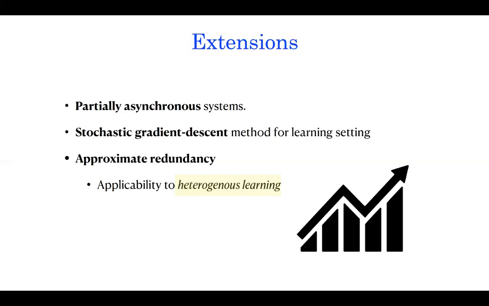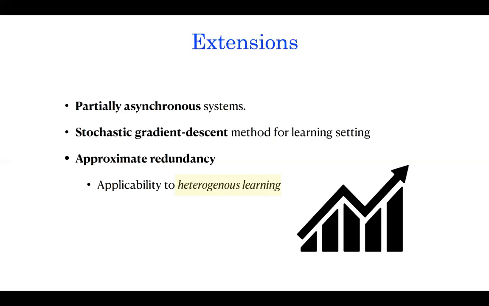But what you may have is approximate redundancy, meaning the optimum of only n minus 2f honest cost functions may be an approximate optimum of the honest cost functions. So we have seen that it is still possible to extend this CGC gradient filter for those kind of approximate redundancy settings. And it's applicable to heterogeneous learning as well, not just homogeneous.